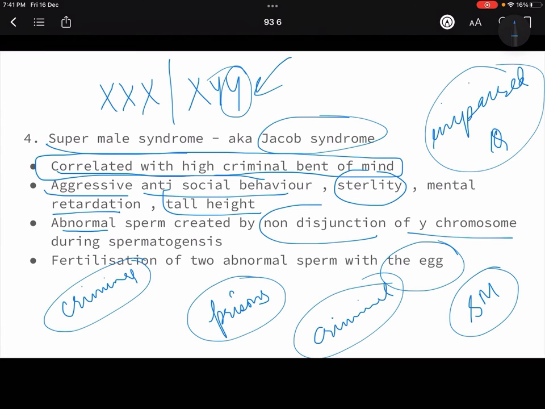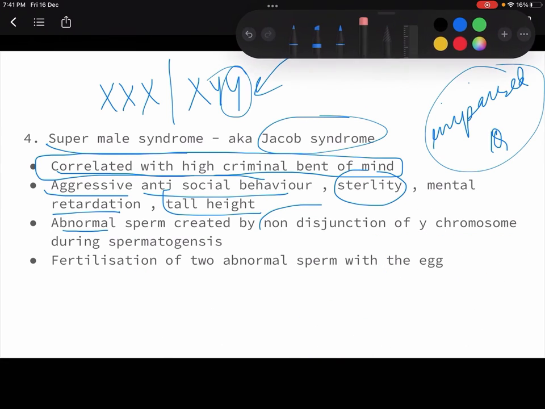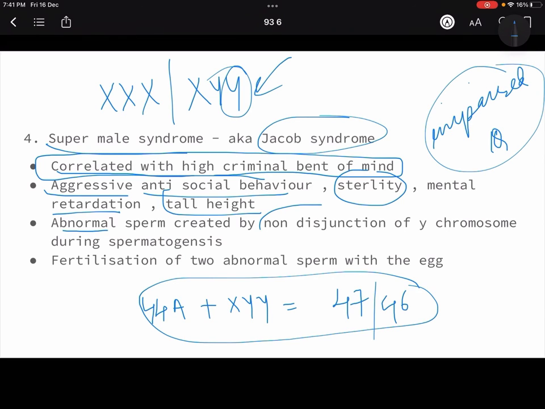This is how XYY happens. What should have been in normal? In normal karyotype it should have been 44 autosomal plus XY, but in this case it is 44 autosomal plus XYY, so it makes it 47 instead of 46. So I hope you have understood.